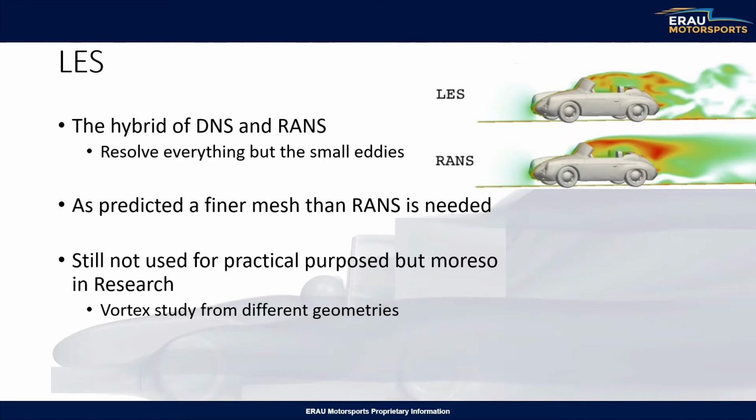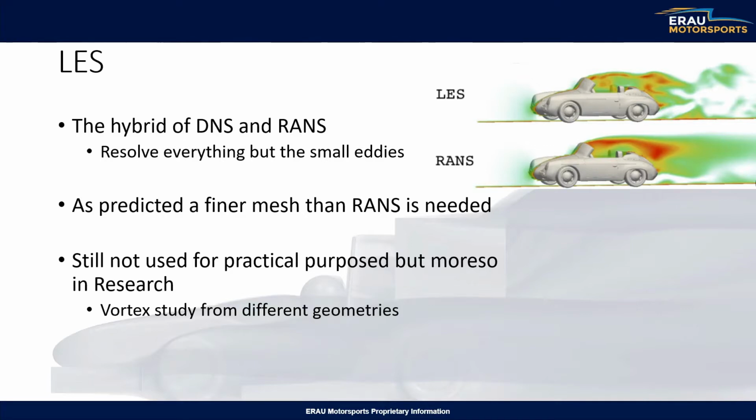In the middle we have large eddy simulations. This is when we do take the time to resolve the eddies but leave out the smallest ones. This is done by effectively setting a low pass filter on the Navier-Stokes equations via a spatial and temporal averaging.